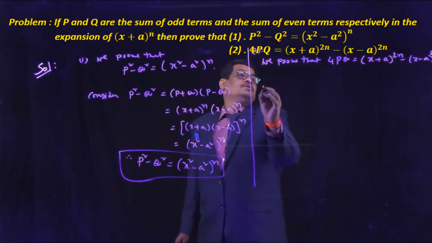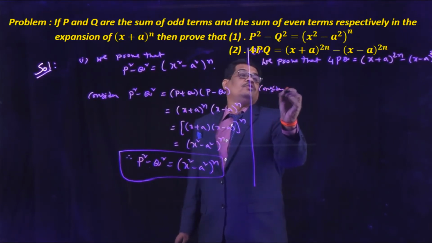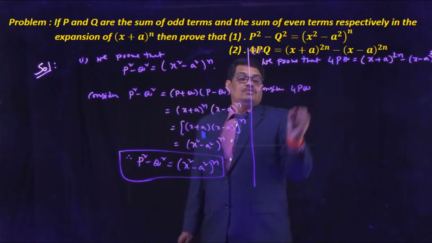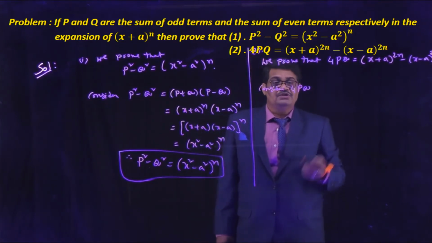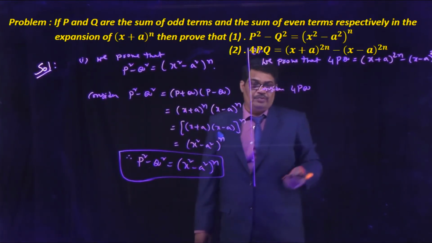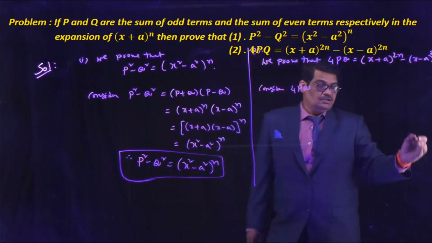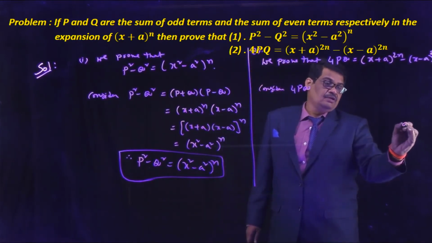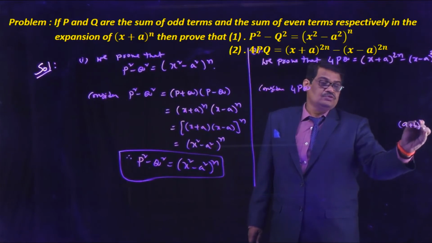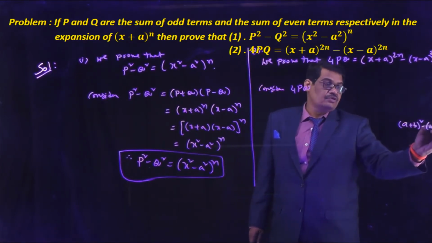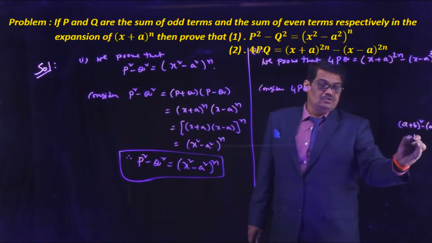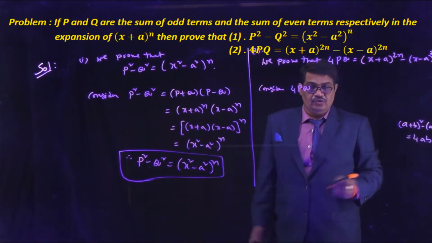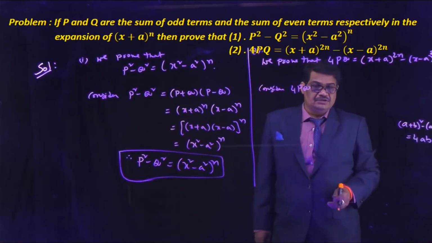Now we consider 4PQ. What is the value of 4PQ? We know the formula (a plus b) whole square minus (a minus b) whole square is equal to 4ab.